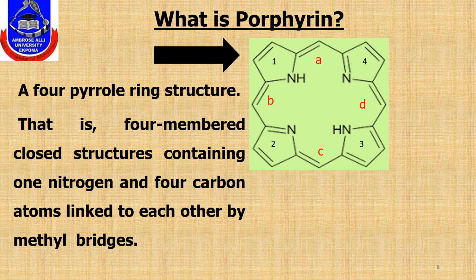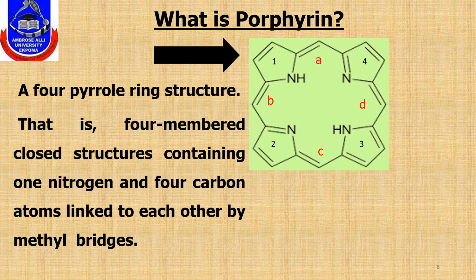How about porphyrin? What is porphyrin? Of course, you know what a pyrrole ring is. I've shown you before. Now look at the structure before you. You see the figures 1, 2, 3, and 4. Those are the pyrrole ring structures.